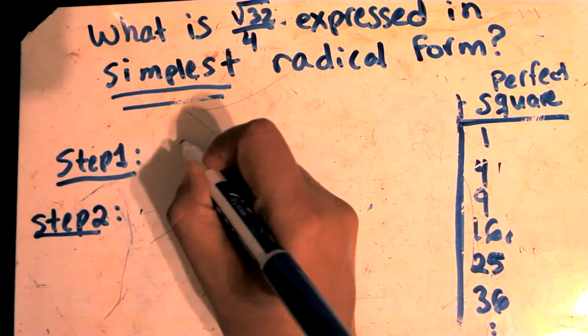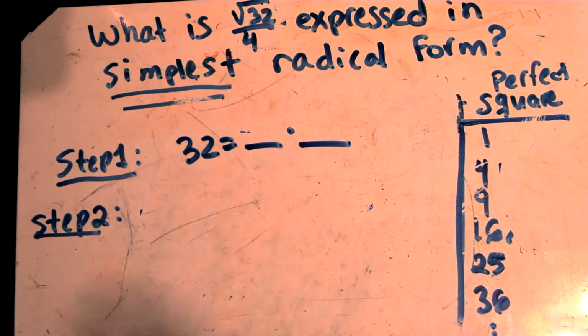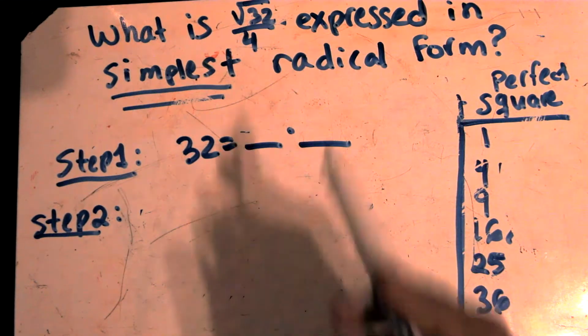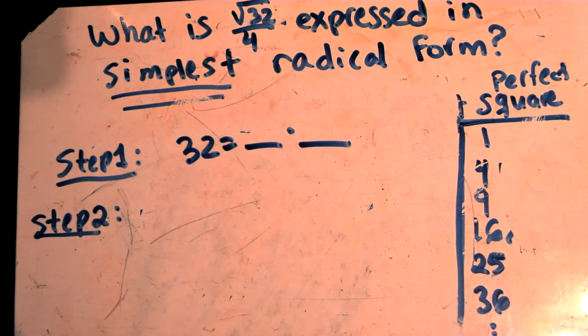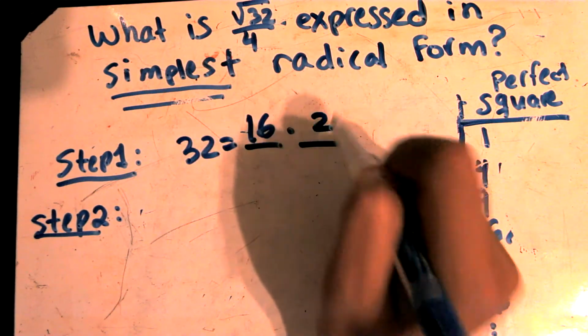We start the same way. We find two factors that multiply to the number inside the radical, which we call the radicand. And we want to make sure that we find two numbers that go into 32 evenly. Okay, and we found 16 and 2 earlier.